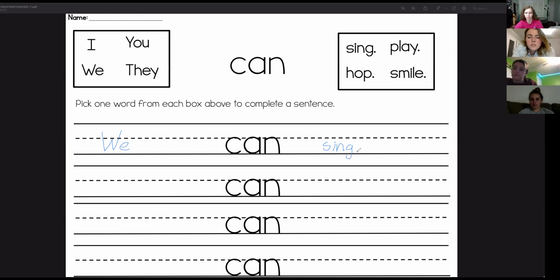Okay, Peyton, can you read the sentence for me? We can sing. Okay, now what parts are we going to underline? The whole word we, okay, just the W, and the period at the end. Okay, good job.